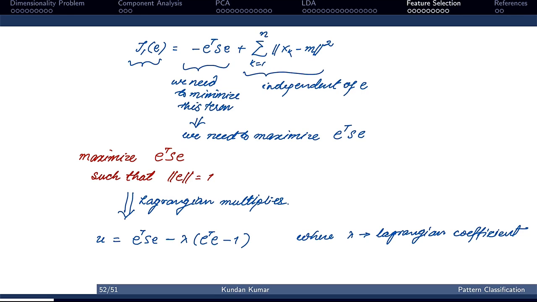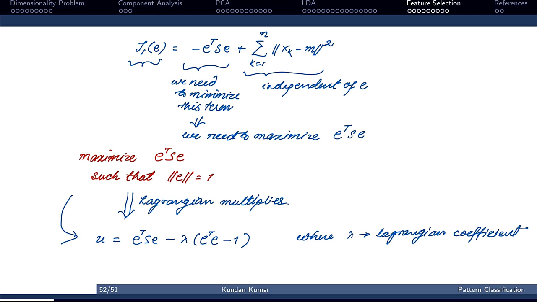I will make another video lecture for the solution of this kind of problem using the Lagrangian multiplier. For now you can just remember that this is the equivalent problem using the Lagrangian multiplier.